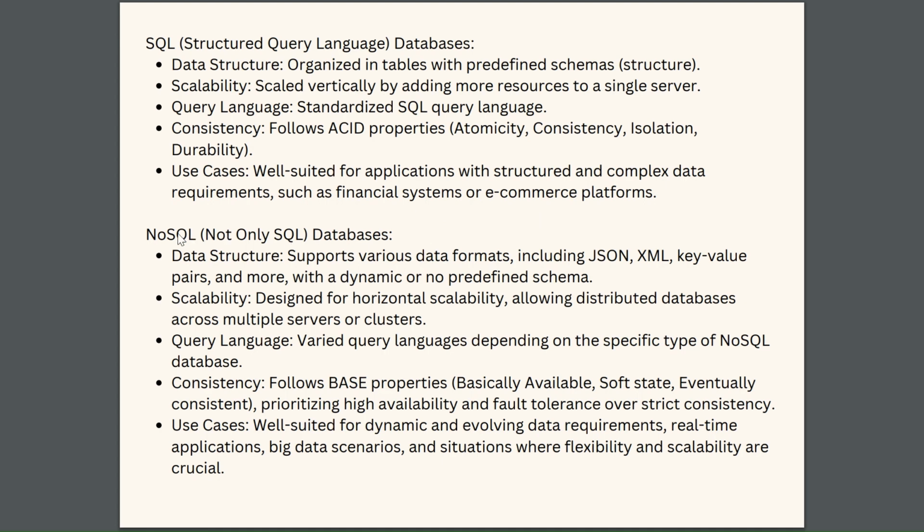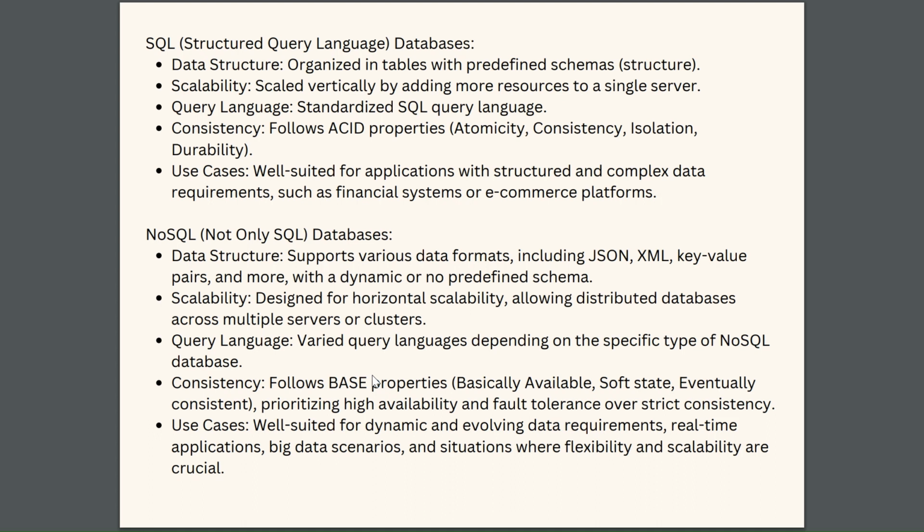And when coming to NoSQL database, the name itself tells that it is not only SQL database. Data structure supports various data formats including JSON, XML, key value pairs, and more dynamic or non-predefined schemas. Scalability is designed for horizontal scalability, allowing distributed database across multiple servers or clusters.